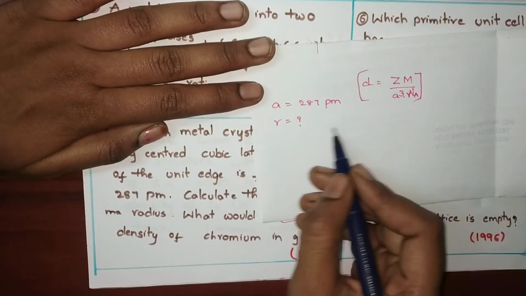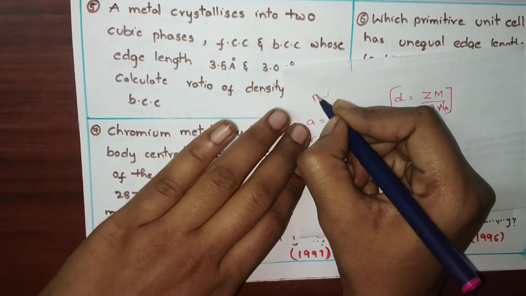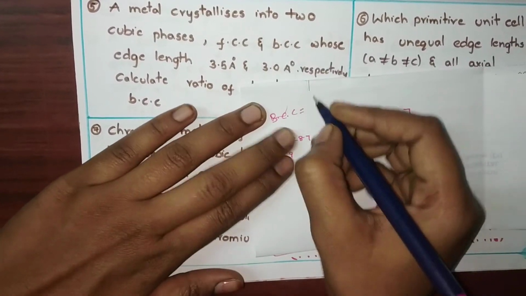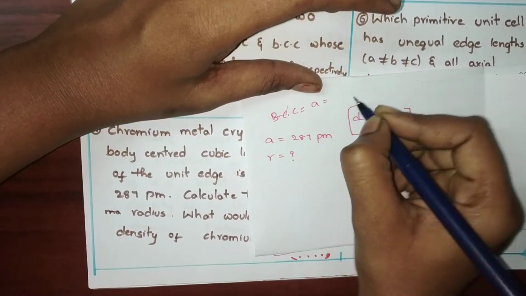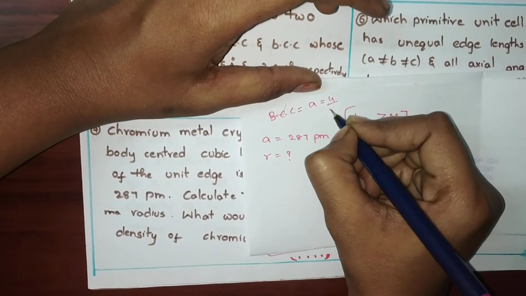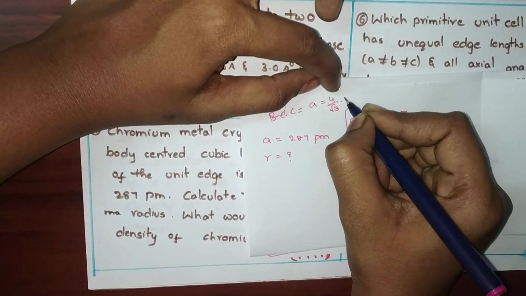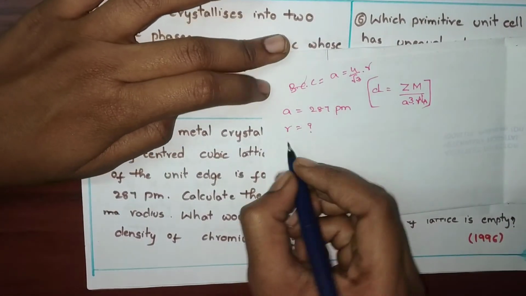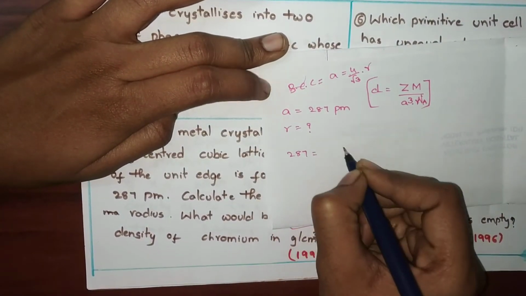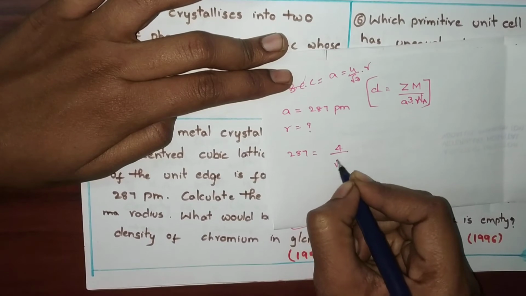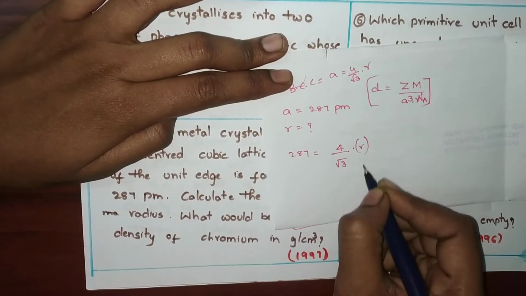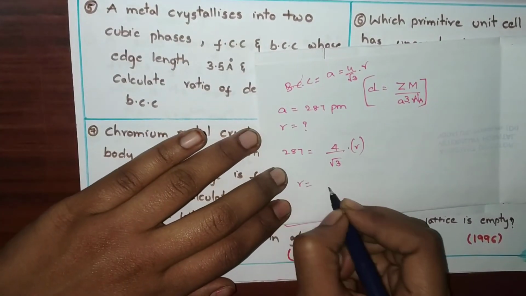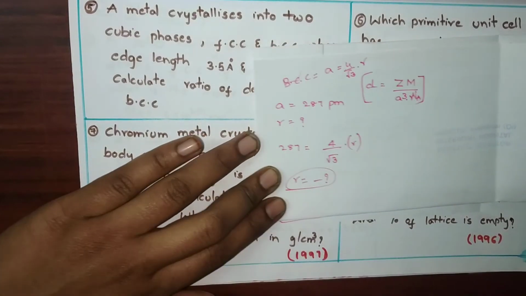A is given, R is given. BCC means all questions are from BCC only. I don't know why. A equals 4 by root 3 into R. So 287 is equal to 4 by root 3 into R. From this you will get the R value, no problem.